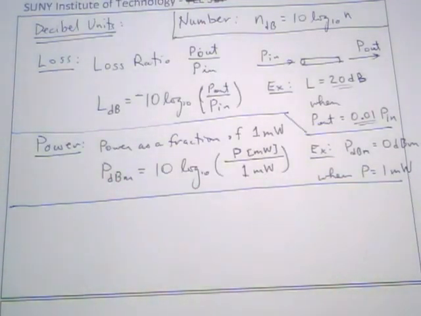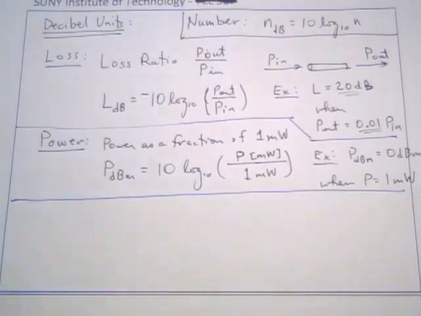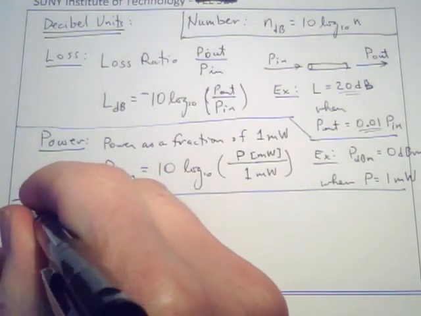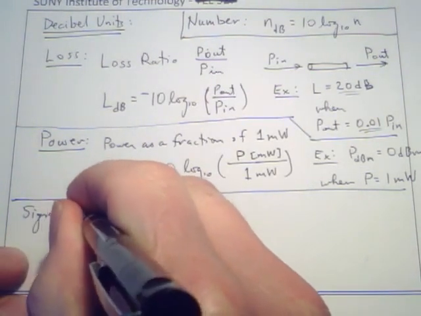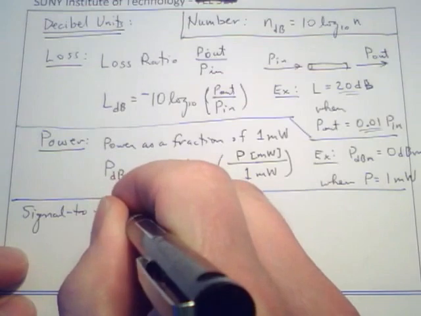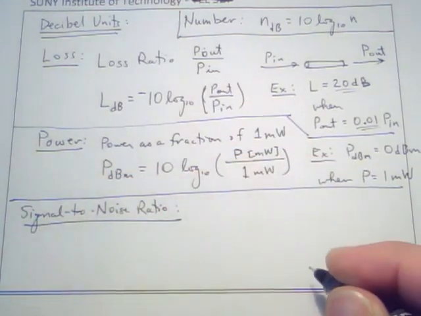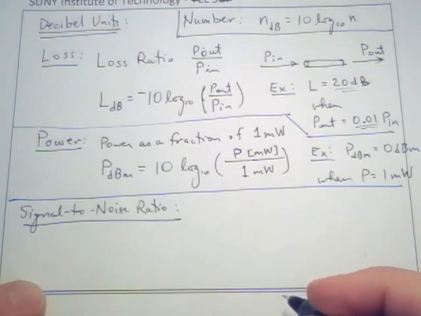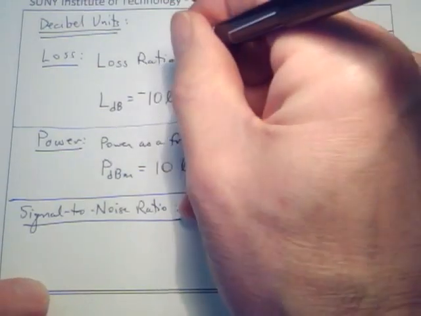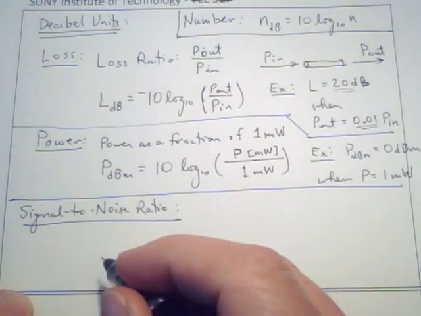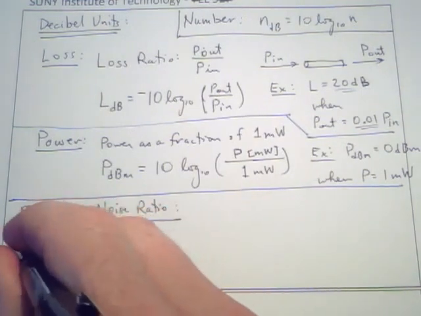And finally, the third one is signal to noise ratio. This is the most recent addition to our list, in which the number that we are converting into decibel units is the ratio of two powers.